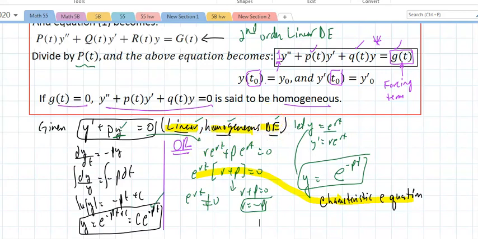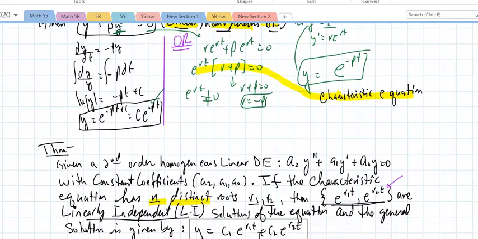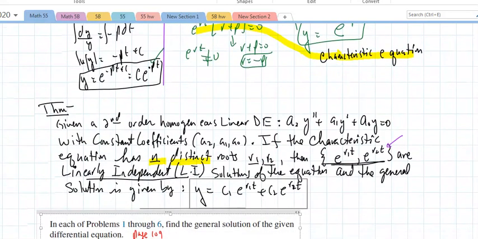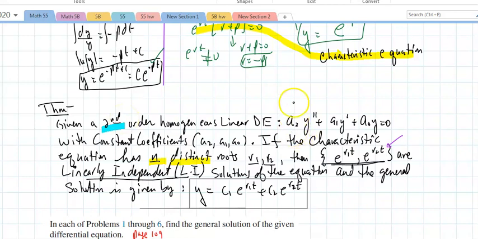So, if I look at the following theorem, this is what it says. Given a second order, and in chapter 4 we deal with third, fourth, and fifth order, given a second order differential equation that looks like this. The goal is always to make sure that's a 1, right? With constant coefficients a sub 2, a sub 1, a sub 0.